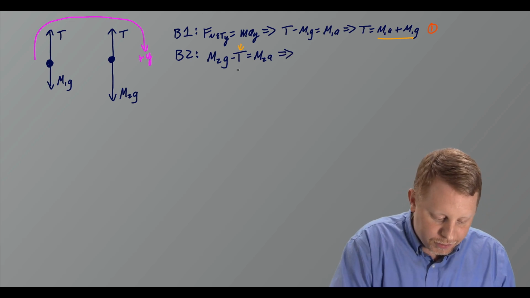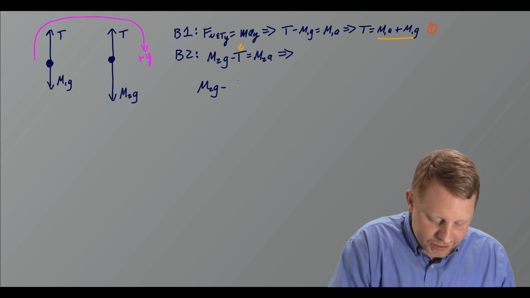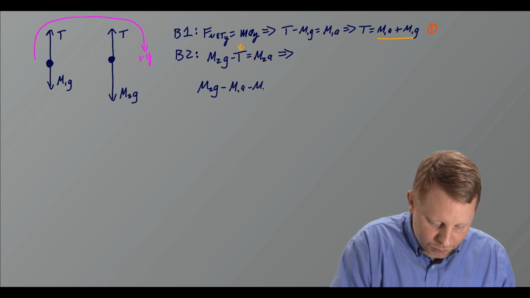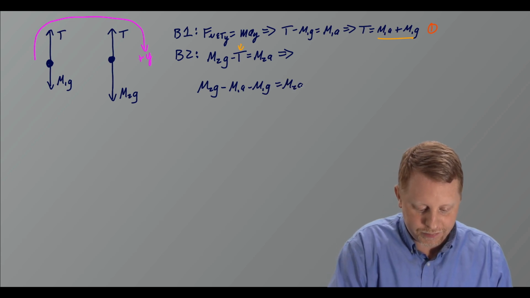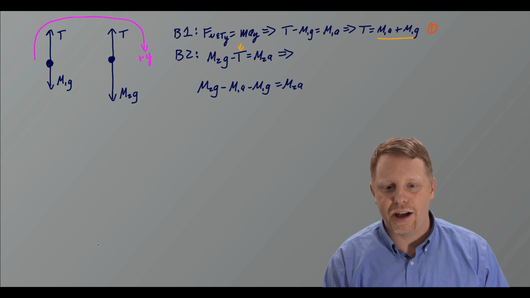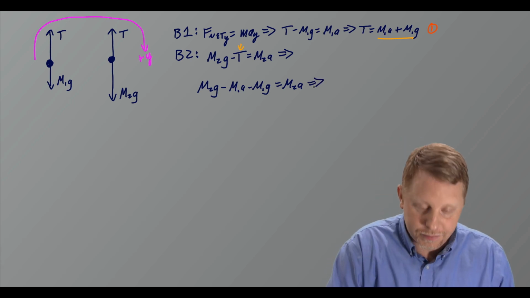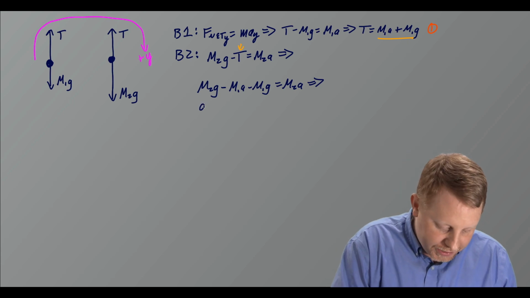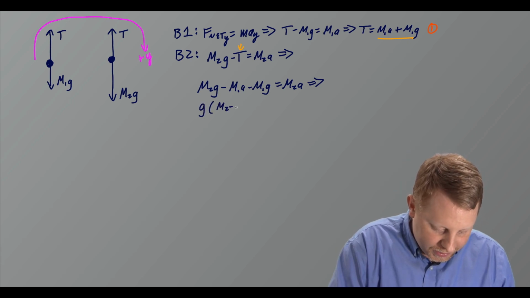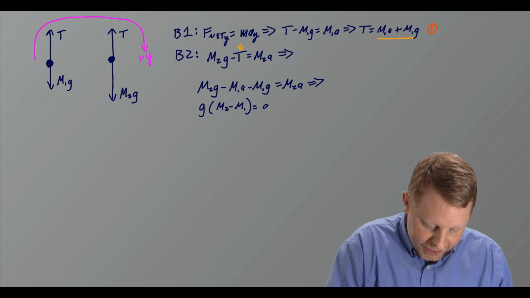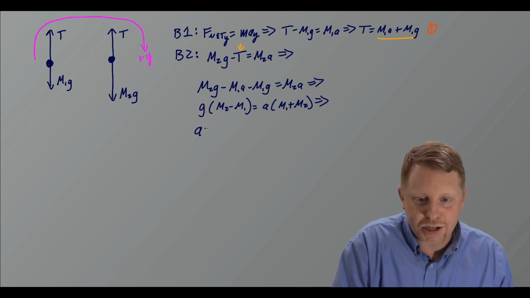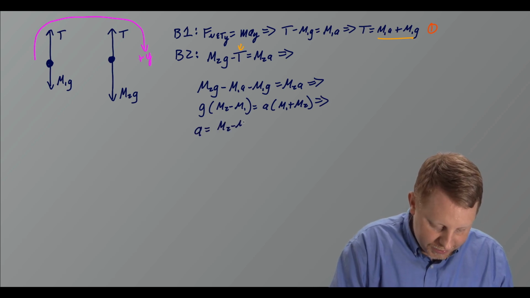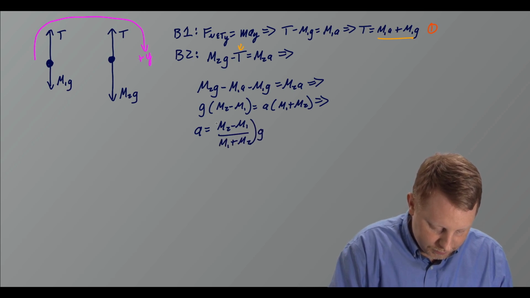So taking this a little bit further, M2G minus M1A minus M1G, just replacing tension here with M1A plus M1G, equals M2A. And now it's just a little bit of an exercise in algebra to get the acceleration all by itself. We could write here that G times (M2 minus M1) must equal A times the quantity (M1 plus M2). And then solving for acceleration, that'll be (M2 minus M1) over (M1 plus M2), all times G.